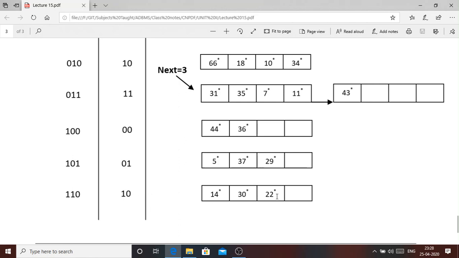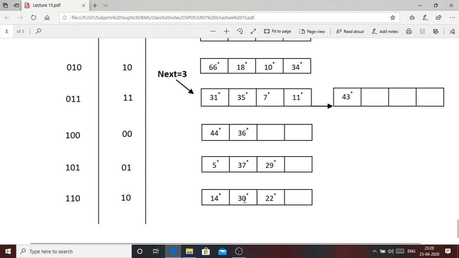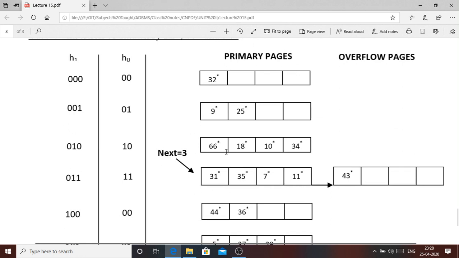So in the initial configuration, when you tried to insert 22 and the bucket got split, 14 and 30 came to this bucket, so there are two spaces here. After inserting 66, there is one more space where you can easily insert 34 without splitting. So you did not have to split the bucket; instead, you only had to insert the values here.